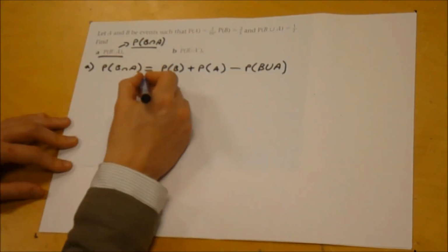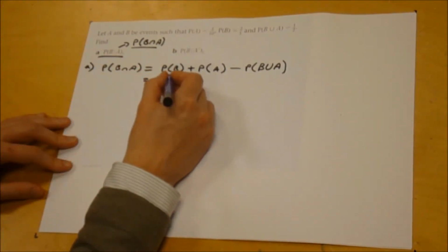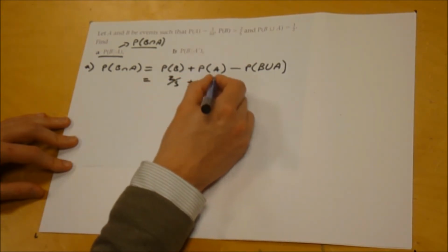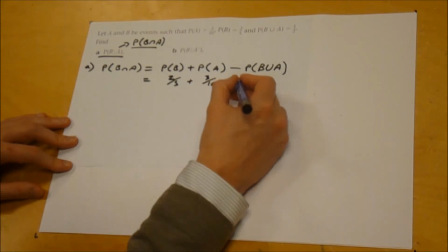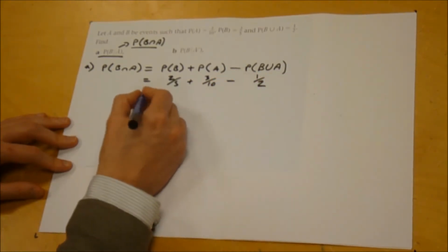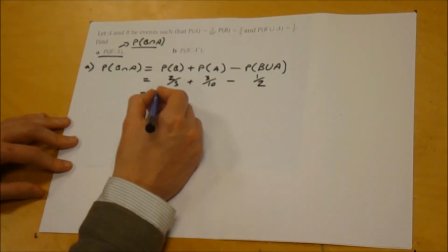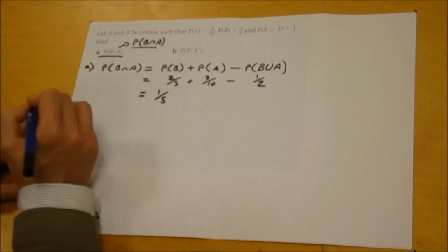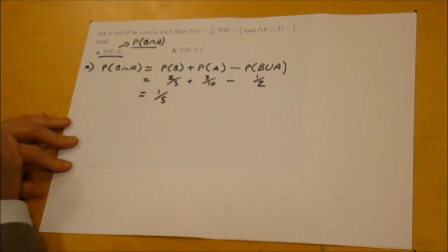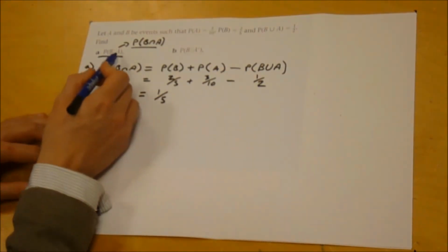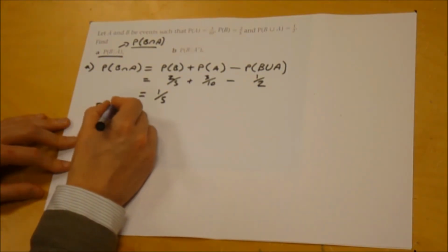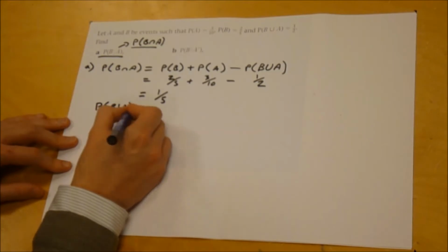And we've got all that information, that equals 2/5 plus 3/10 minus 1/2, and I'm sure we all know that that is equal therefore to 1/5. Alright, so the probability of B and A both occurring is 1/5. I can now plug this value straight into my multiplication rule to work out what the question actually asks me, the probability of B given A.